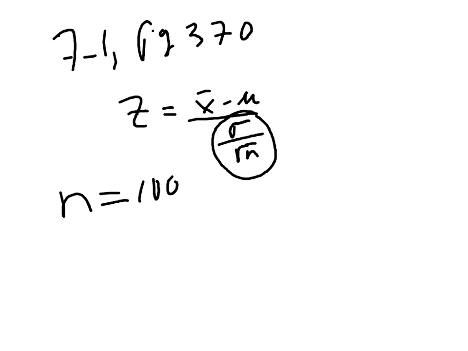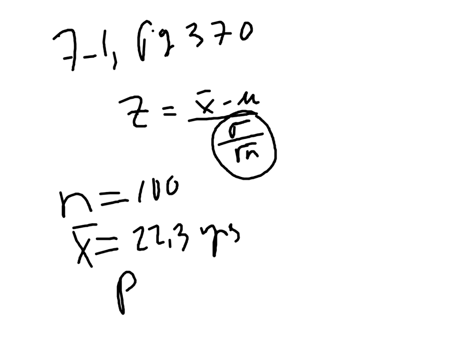So when they did that, they got a sample mean of 22.3 years as the average age of students attending the college. And then they go on to tell us that this particular estimate based on a sample mean is called a point estimate.